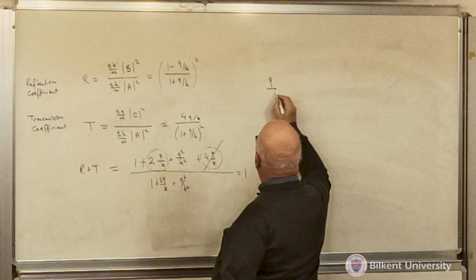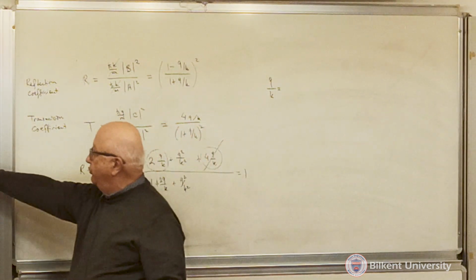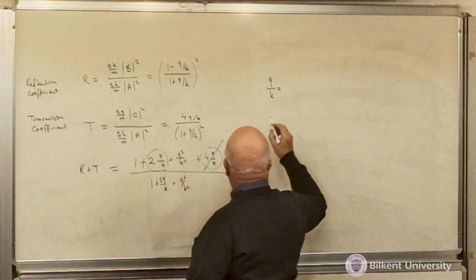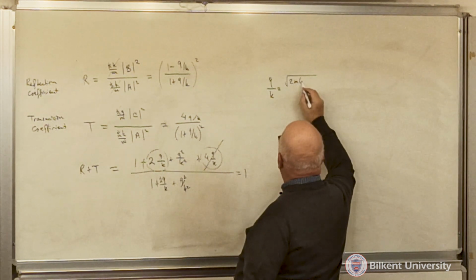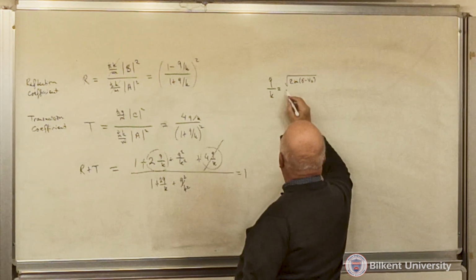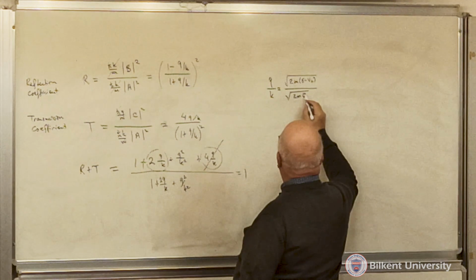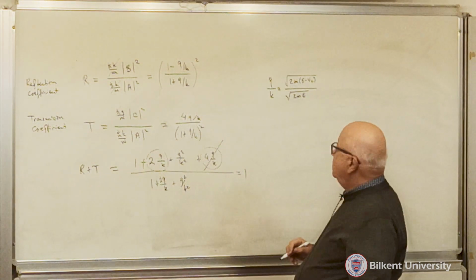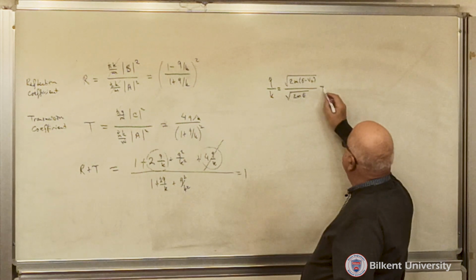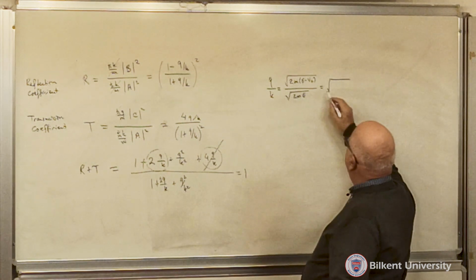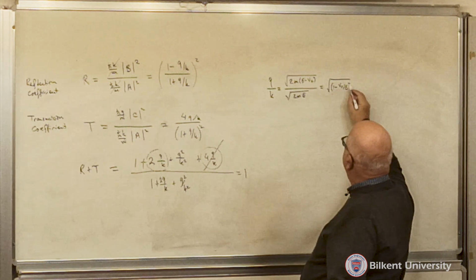So q over k is, remember, q is square root of 2m (E minus V0), and k is square root of 2mE, right? Divided by h bar in both cases, but they cancel. So it's going to be square root of 1 minus V0 over E.